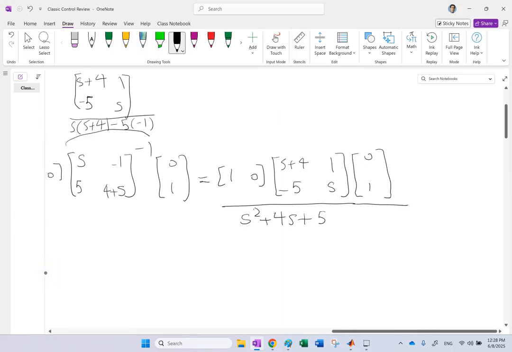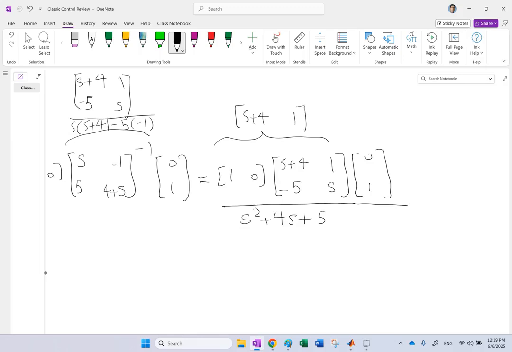And you know, when you do that, basically this first part, you are going to get only the top row elements. So you are going to get s plus 4 and 1. And if you multiply that by 0 and 1, you only get the second element, which is 1.